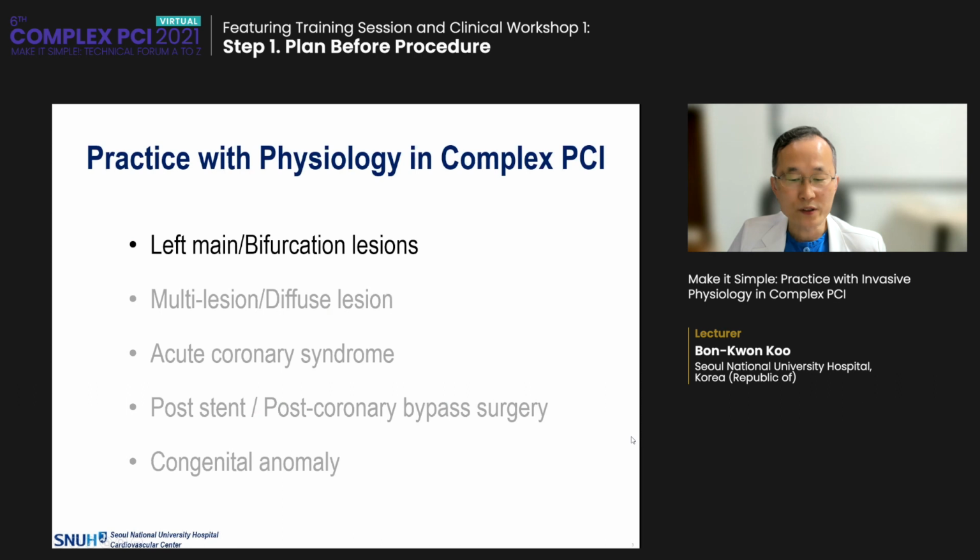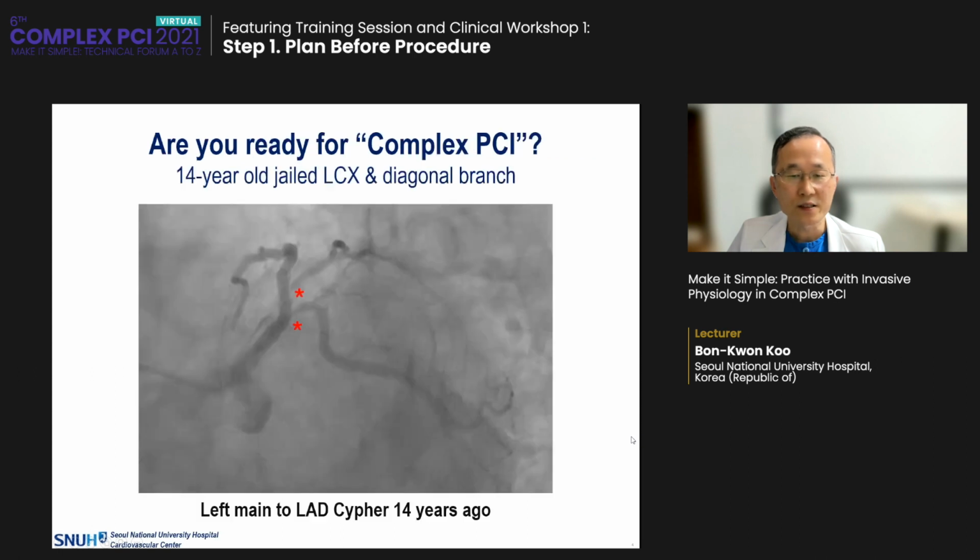Today, I'd like to share some case examples to show how physiologic assessment can make these complex lesions or complex PCI simpler, and I'd like to start with the left main bifurcation lesion. You're looking at the angiogram taken 14 years after Cypher implantation from the left main to the LAD.